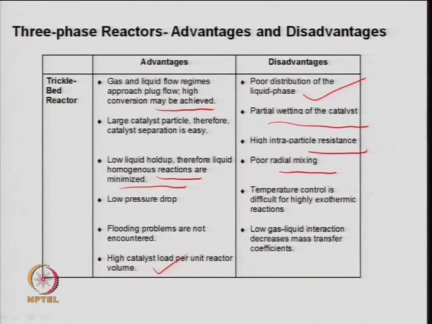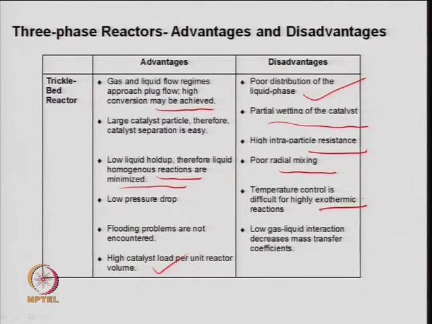Temperature control, you do not have any kind of controlling device inside the reactor, and the particles are kept in a larger size. So, there will be a kind of temperature gradient within the pellet itself, in a catalyst pellet, if the reaction is highly exothermic. So, the temperature may be higher inside the catalyst pellet, outside it is low. So, there will be a thermal gradient or thermal stress that may be generated here.